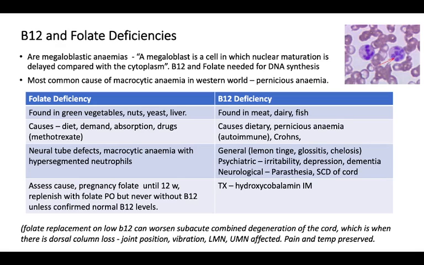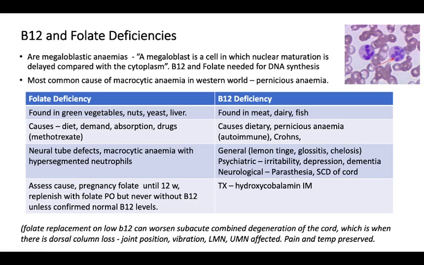If you look at a blood film, you will see a macrocytic anemia with hypersegmented neutrophils, as shown in the picture. You can see that the nuclei of these neutrophils have lots of segmentation, so those are the hypersegmented neutrophils.